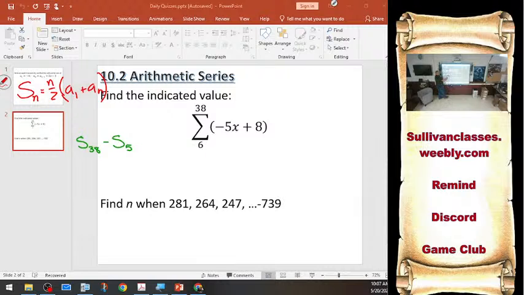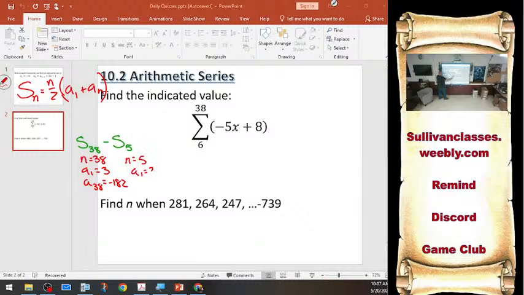I need n. 2. Why did I just write a 2? I need a sub 1, so I will put a 1 in there and get 3. I need a sub n, which is a sub 38. I stick a 38 in there, negative 150, 40, 190, negative 182. And S sub 5, now I've got 5 terms.